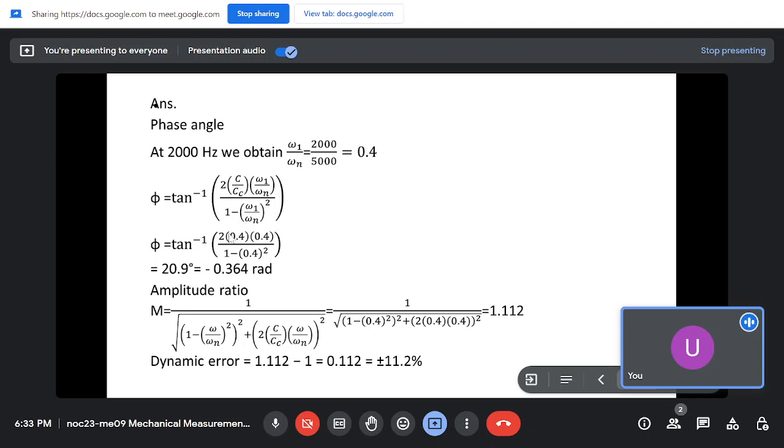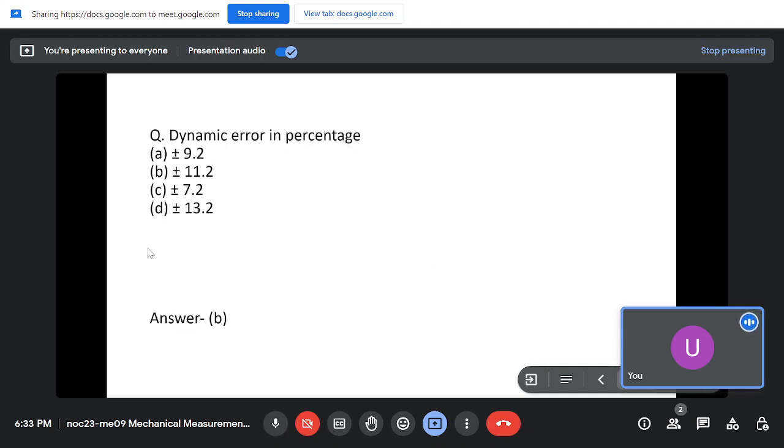If you substitute all that, we'll get tan inverse as 20.9 degrees or minus 0.364 radians. So that is known. Once the phase angle is known, the question is the phase shift frequency.